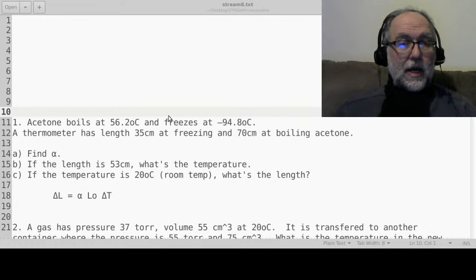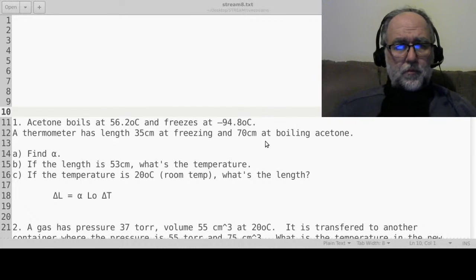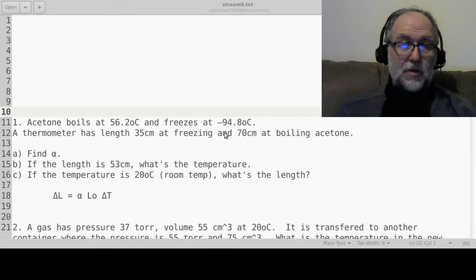Okay, and when you're at the negative 94.8, the thermometer, whatever the material is, doesn't matter, it has a length of 35 centimeters. And when you take it out of the freezing, you put it into the boiling, it expands to 70 centimeters, and that's it. We can now calibrate this thermometer and make a thermometer that measures in the Celsius scale.